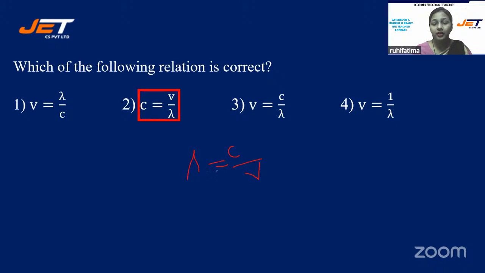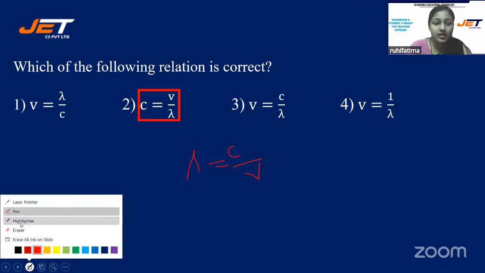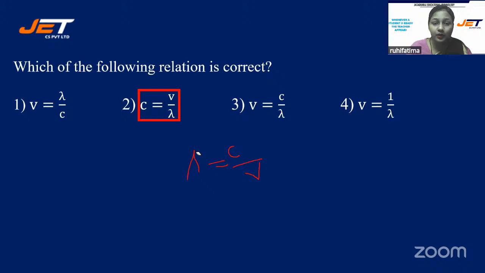From here you can find out, that is C is equal to V upon lambda, or V upon lambda is equal to C. Okay. The correct relation is C is equal to V upon lambda. Over here, C is speed of light, V is frequency, and lambda is wavelength.